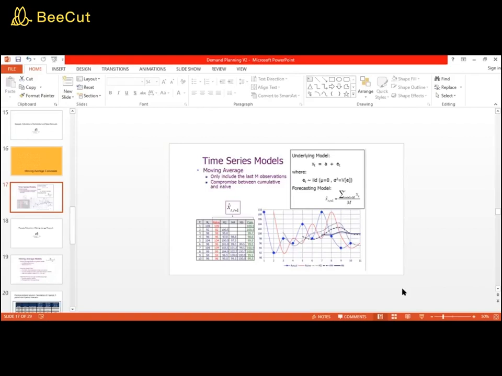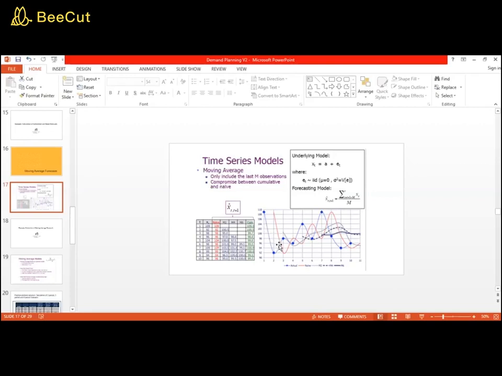M stands for moving average observations. And this is a compromise. This isn't as nervous as naive forecasting, and neither is it as relaxed as cumulative forecasting. In fact, it's somewhere in the middle.